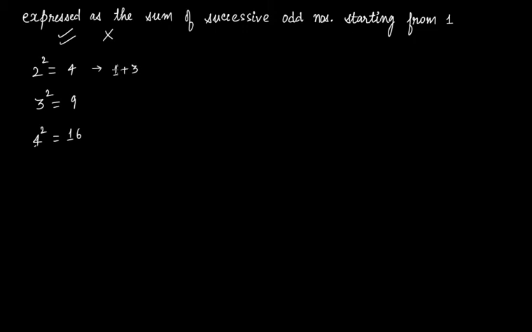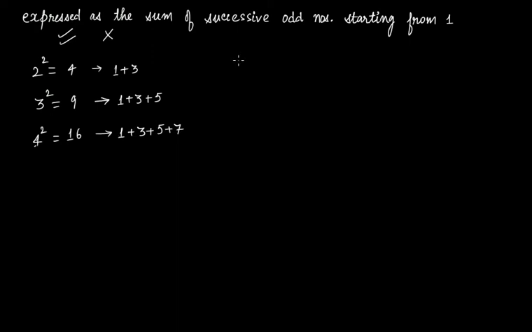So we can add two successive odd numbers starting from 1 and you get this square number. This 9 can be written as 1 plus 3 plus 5, the addition of 3 successive odd numbers starting from 1. This 16 is 1 plus 3 plus 5 plus 7, so 4 successive odd numbers starting from 1.